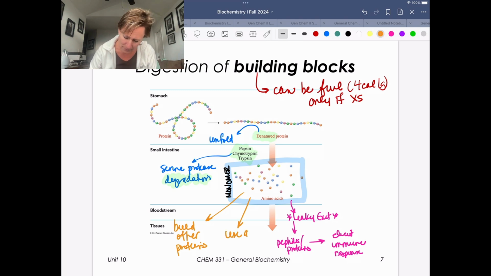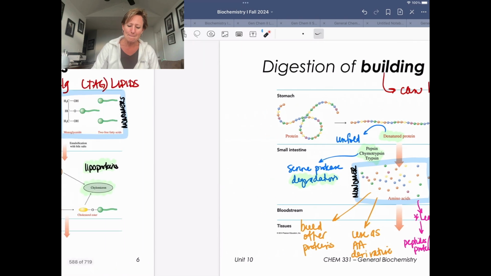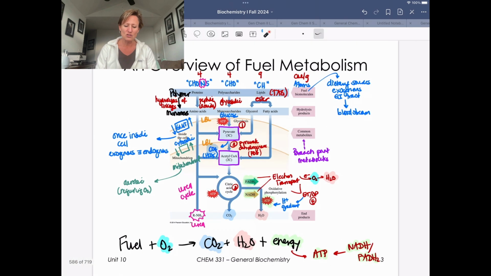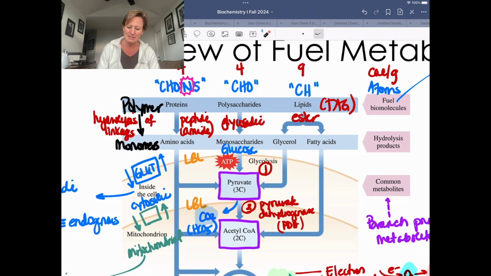So we'll talk much more about that next semester. But again, that is an overview of thinking about this digestion process, highlighting that we need to be able to get monomers out of our GI tract. Summarizing from this slide again, it's only those monomers that are going to be able to be in our bloodstream and thus circulated around to peripheral tissues.